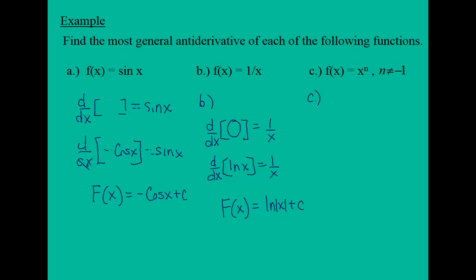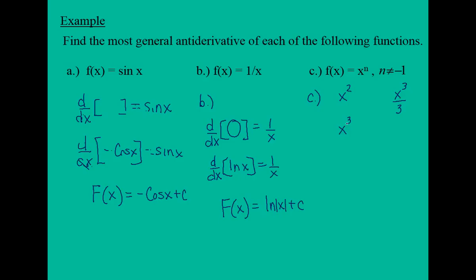Well, if we looked at a few more examples, what would the antiderivative of x squared be? Well, I think we saw that on the last slide, one antiderivative would be x cubed over 3. Because if we take the derivative of x cubed over 3, we get x squared.